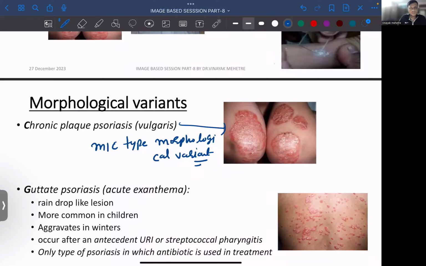Then comes another question. Okay, patient had a pharyngitis in winter. Now there are some kind of lesions on his back, and an image is given below.